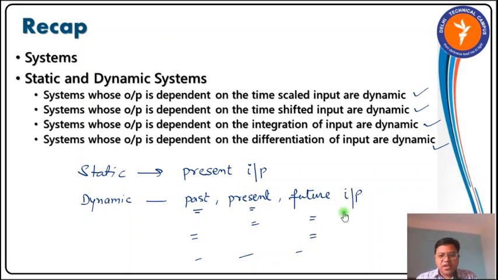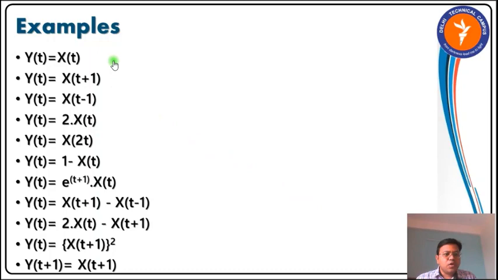We will see once again the numericals based on these static and dynamic systems. These are some numericals we discussed. Let us briefly discuss them. As the output is dependent on the input, and the input does not have any kind of time scaling, time shifting, integration, or differentiation, I will call this system a static system.